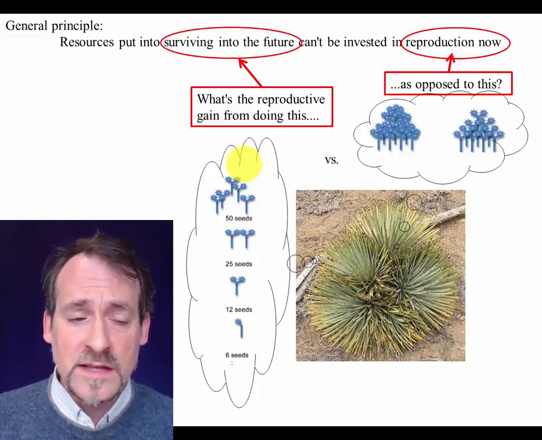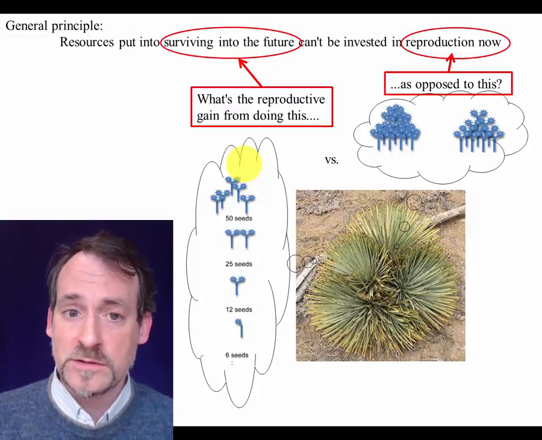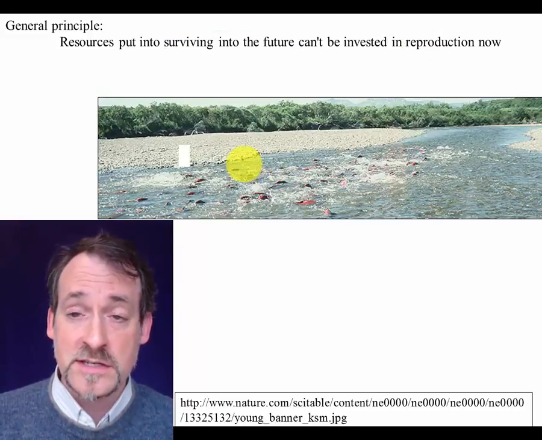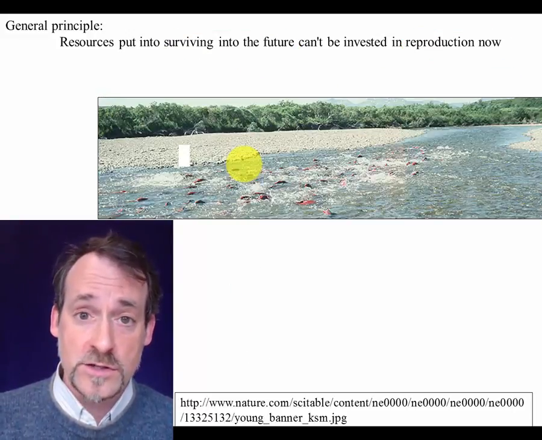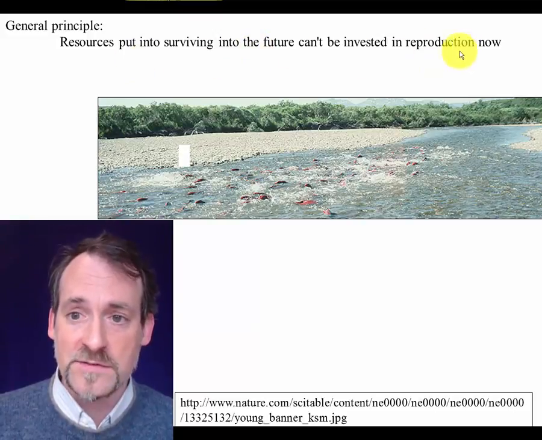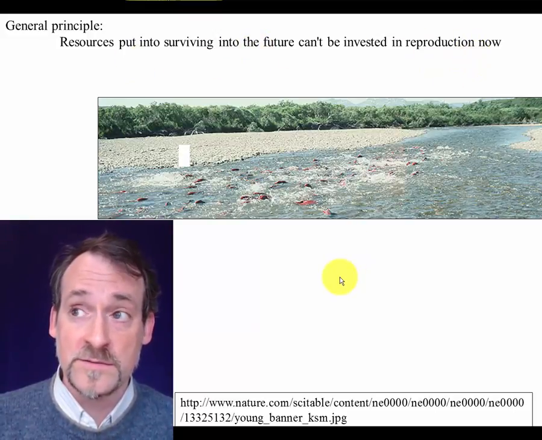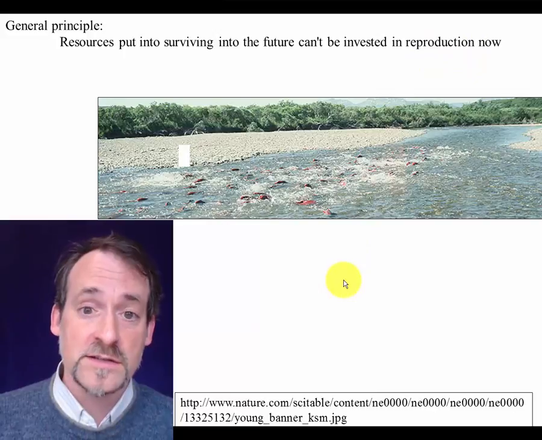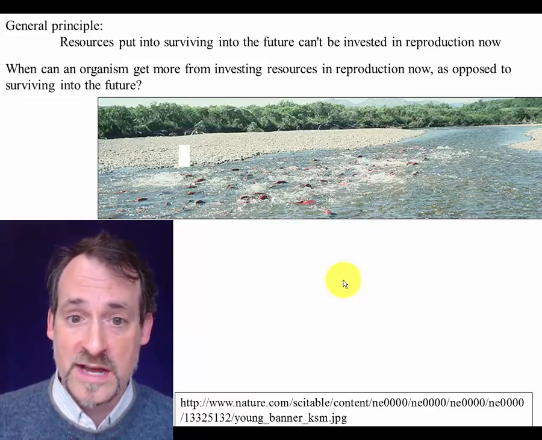The optimal strategy is going to differ in different circumstances. But this is the way you generally have to think about it: you can only invest resources in the future or in reproduction now.